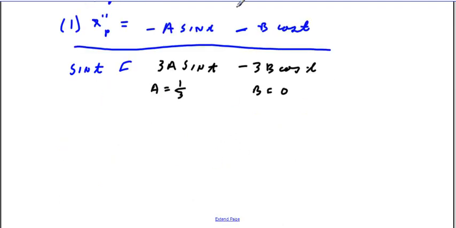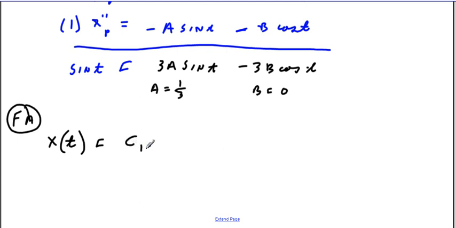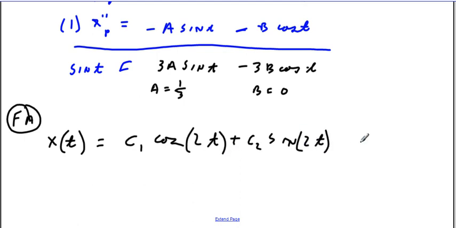So I've got an answer for x of t. Final answer x of t. That doesn't mean I'm done. That just means I have a final answer for x of t. Final answer x of t equals C1 cosine 2t plus C2 sine 2t plus 1/3 sine t.